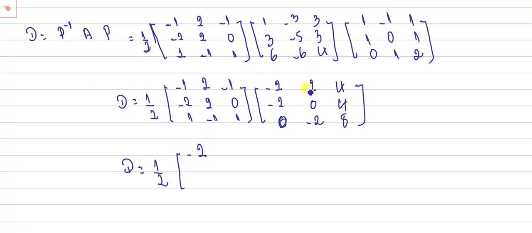This one minus 2 and plus 2 is 0. This one is 4, 4 is 8. This one is 4 minus 4. This one is 4. And this one is 8.